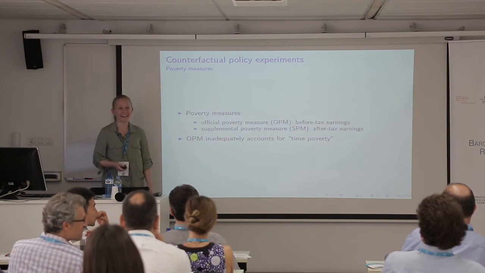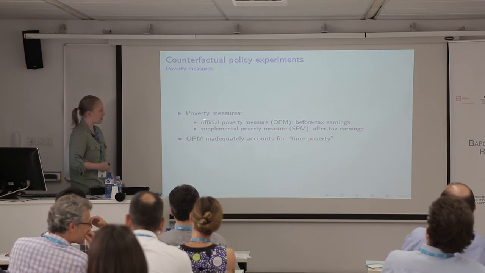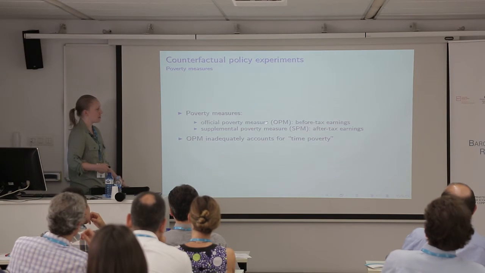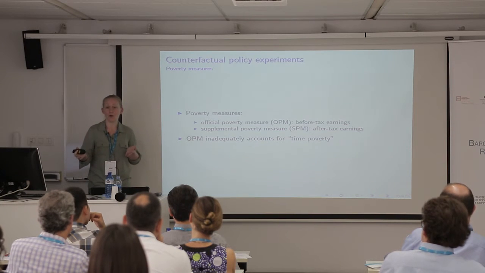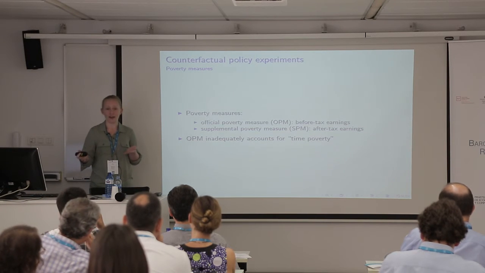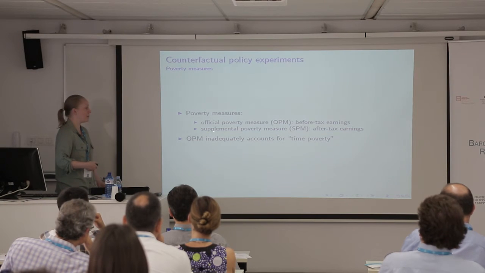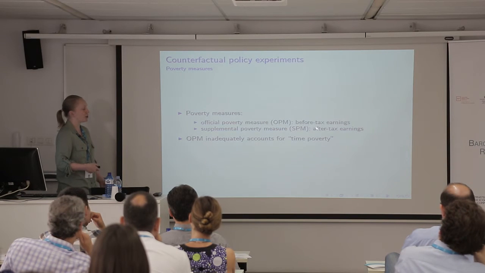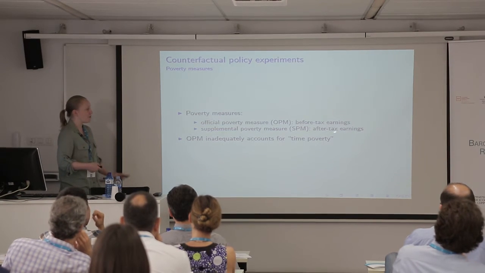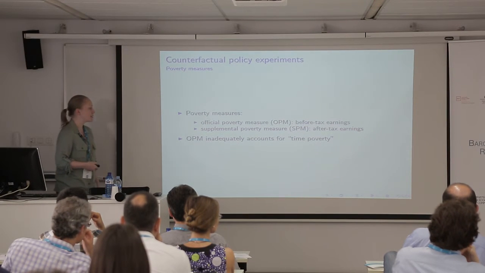Okay. So finally, there's the official poverty measure, which is actually used a lot in determining whether people are eligible for welfare programs. But more recently, the Bureau of Labour Statistics has come up with a supplemental poverty measure, which can be very generally described as equivalent to after-tax earnings.